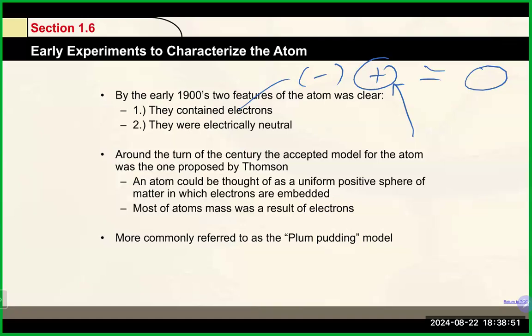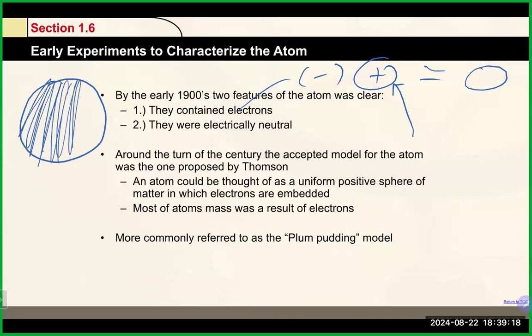So around the turn of the last century, the accepted model was the one proposed by Thomson. It's actually a different Thomson than J.J. Thomson. What he said was the atom can be thought of as a uniform, positively charged sphere. So basically, you could think of the atom as a sphere with all this positive charge spread out over this big sphere.